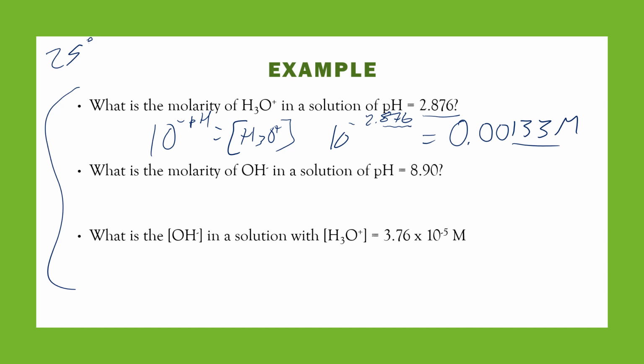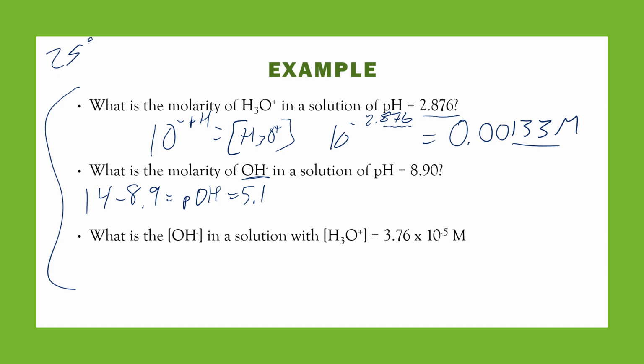Now, for the second one, what is the molarity of OH- in a solution of pH of 8.90? Okay, so OH-. First thing you want to do is subtract from 14 to give us that the pOH is equal to 5.1.